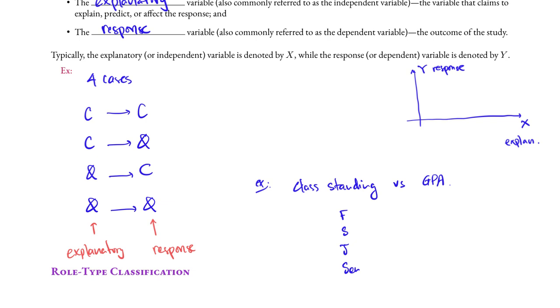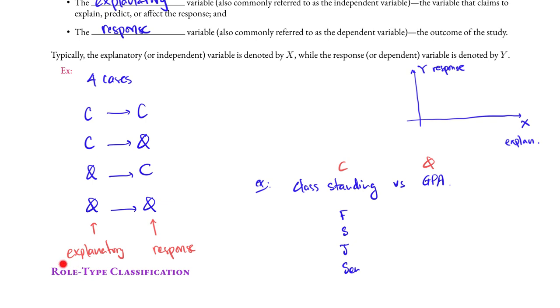There are 2 types of variable in this case. The class standing are in groups, so these are the categorical variable, and the GPA is a number from 0 to 4.0, so it is a quantitative variable. And so this is the relationship between categorical and quantitative variable. So those are the 2 types.